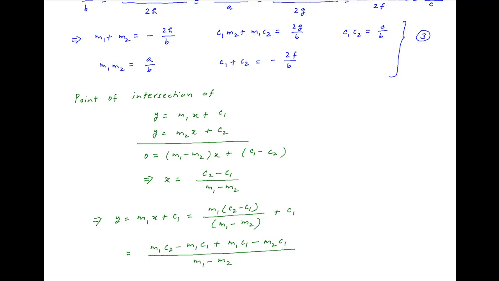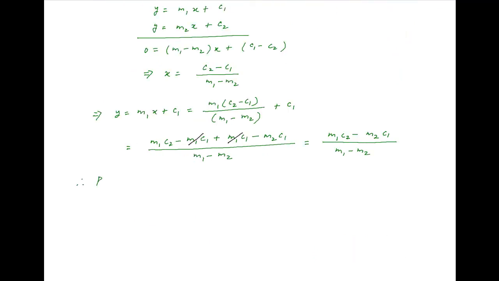In the numerator, m1c1 cancels, and therefore the value of y at the point of intersection of the two lines is (m1c2 - m2c1) upon (m1 - m2). Therefore, the coordinates of the point of intersection of these two lines are (c2 - c1) upon (m1 - m2) and (m1c2 - m2c1) upon (m1 - m2).